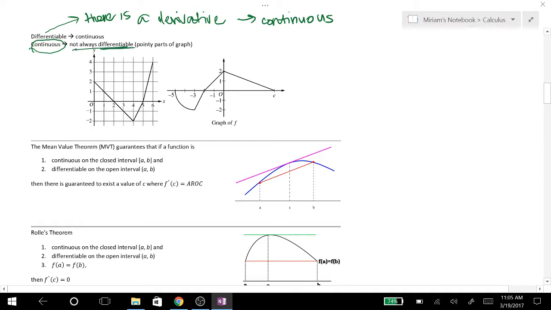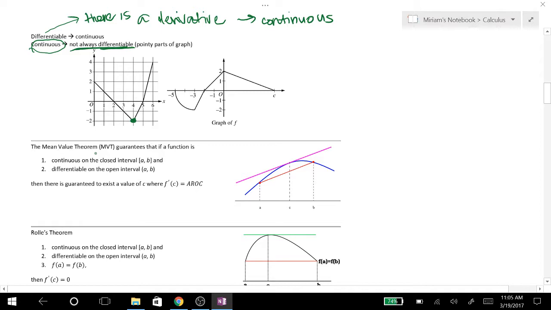So not always differentiable, and the way I remember this is it happens at the pointy parts of a graph. For example, you see everything in this first graph is continuous except at this little pointy part right here. This pointy part here is continuous because there's no hole, no asymptote, no jump.